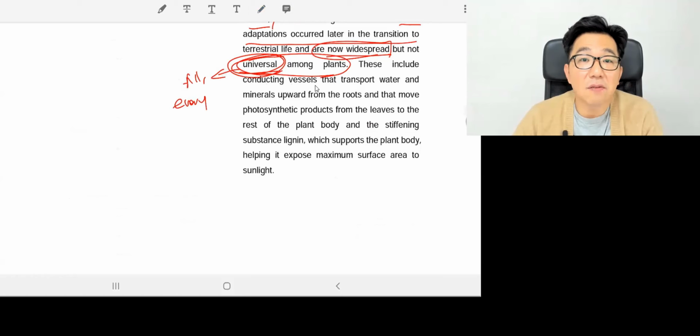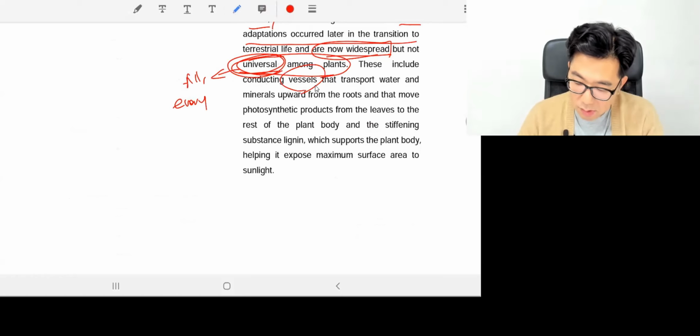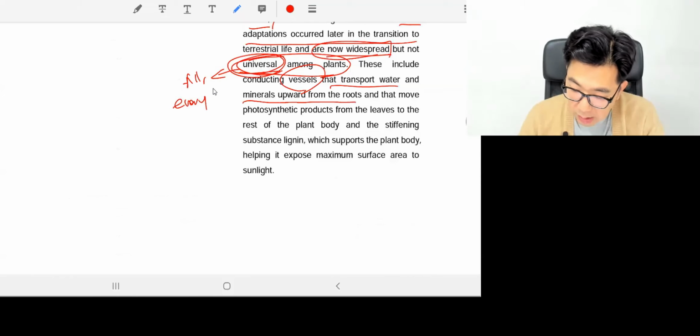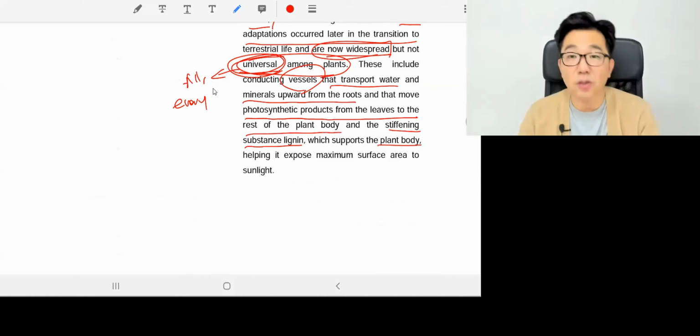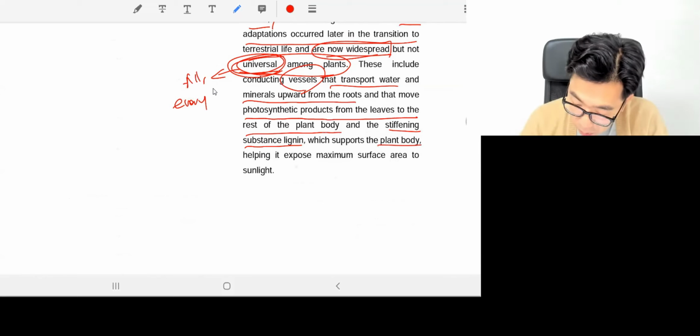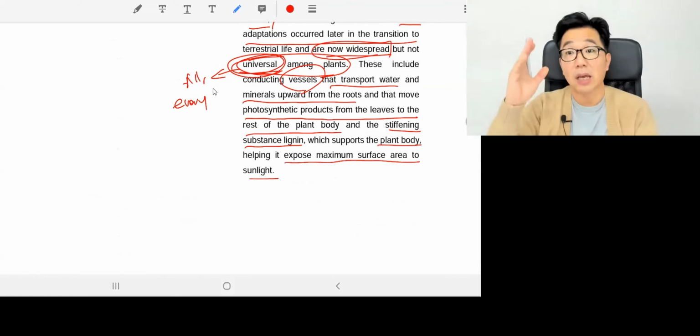These include conducting vessels that transport water and minerals upward from the roots, and that move photosynthetic products from the leaves to the rest of the plant body, widespread in plants, not every single one but mostly. And the stiffening substance lignin, which supports the plant body, like a stiff structure, not all flexible, helping it expose maximum surface area to sunlight so it can get sunlight.